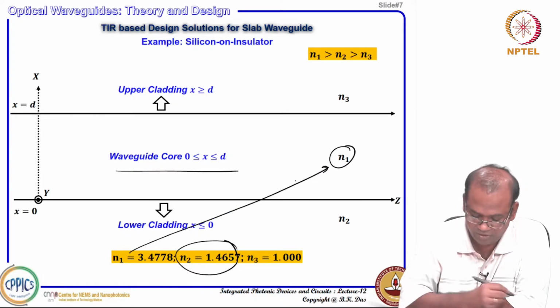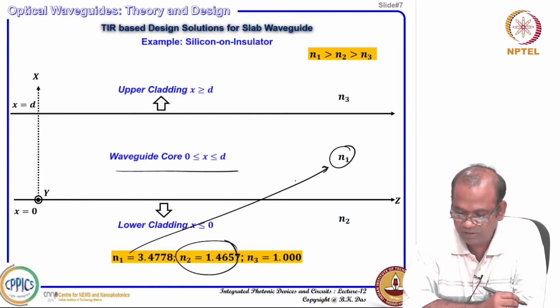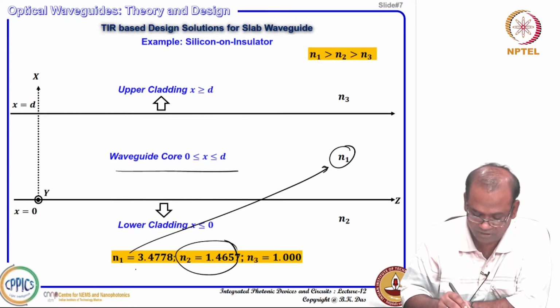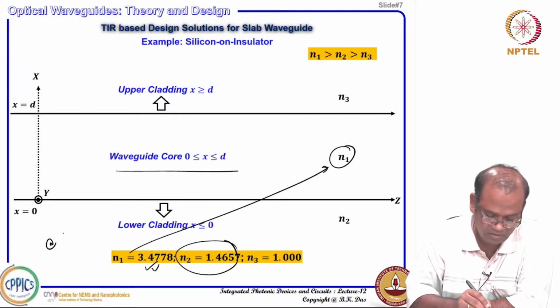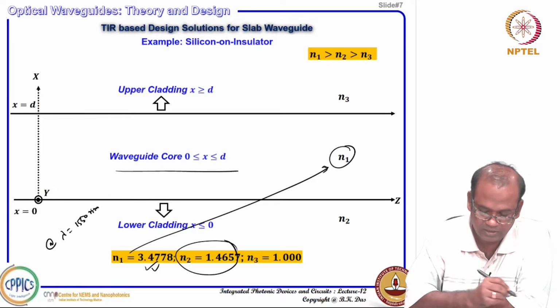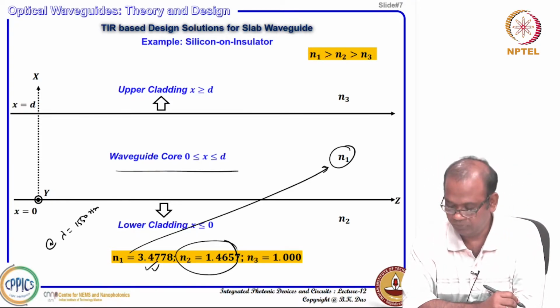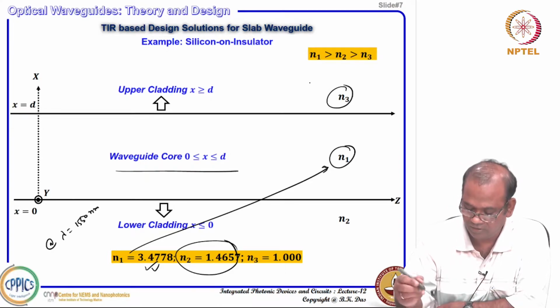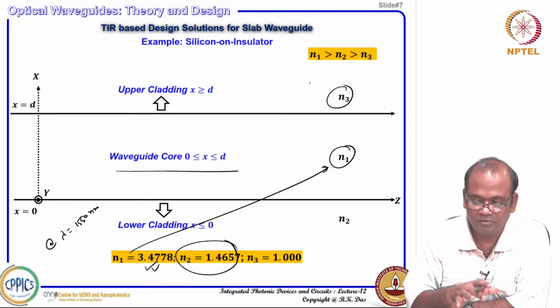N1 means this one, refractive index 3.4778. All the refractive index values I have given here are at lambda equal to 1550 nanometer, the third generation communication window. Okay. And N3 we can consider as air for discussion purposes.